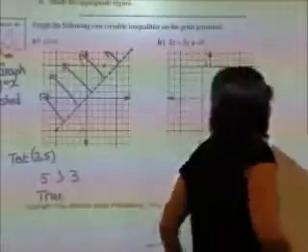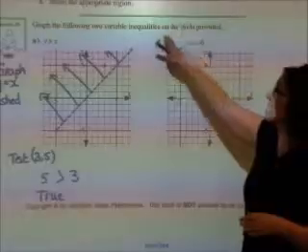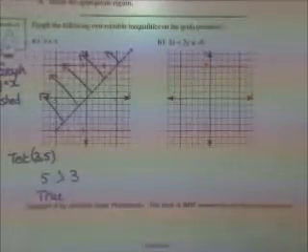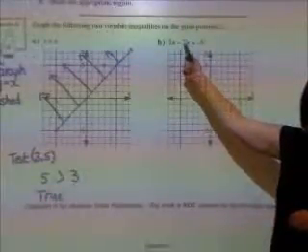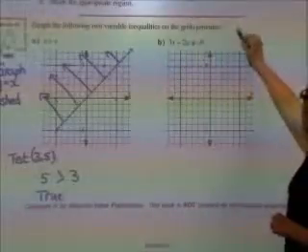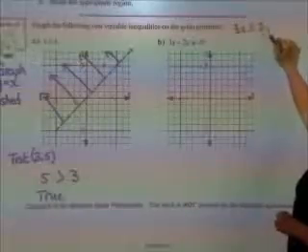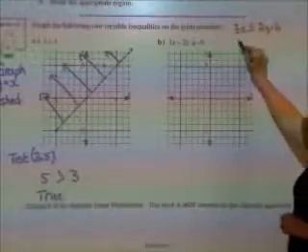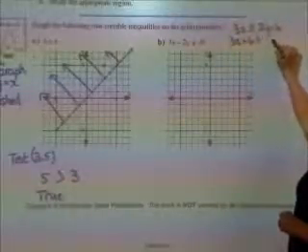Okay, so if we take a look at B, I want to graph this. So what I want to do is put this into a y equals mx plus b form. So I want to get y by itself. In order to preserve the integrity, because this is a negative 2y, I want to put it onto the other side. So 3x is less than or equal to 2y minus 6. Bring the 6 over, which would make it positive.